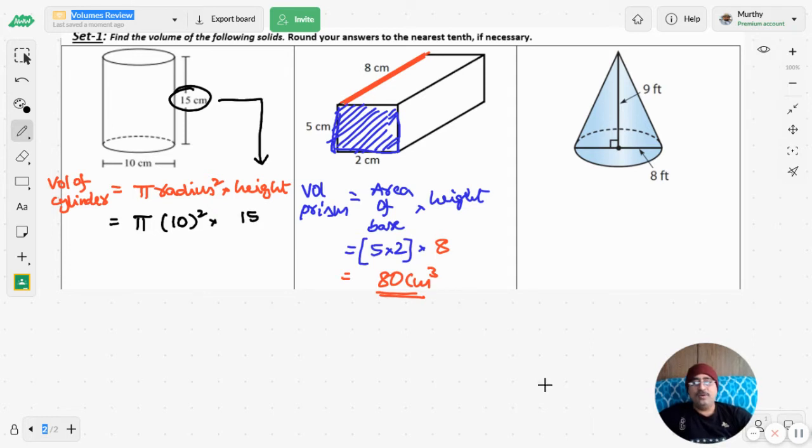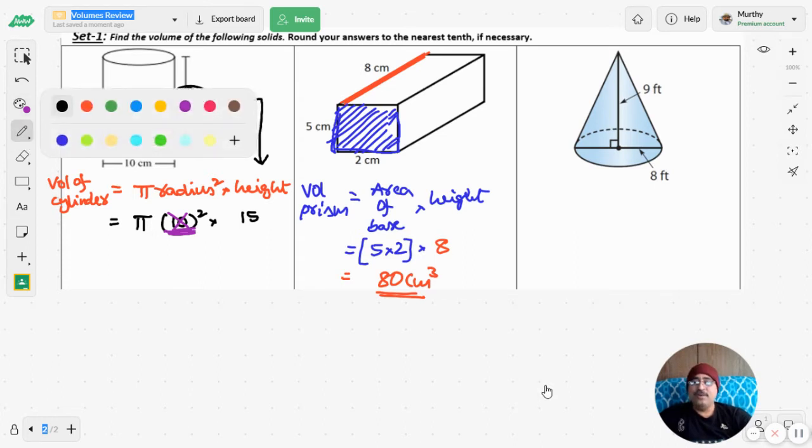Okay, now in fact in my previous sessions also I mentioned that purposefully I made a mistake. Here the radius is not 10. Please see that here in the given diagram this 10 centimeters is indicating the diameter. It's not the radius.